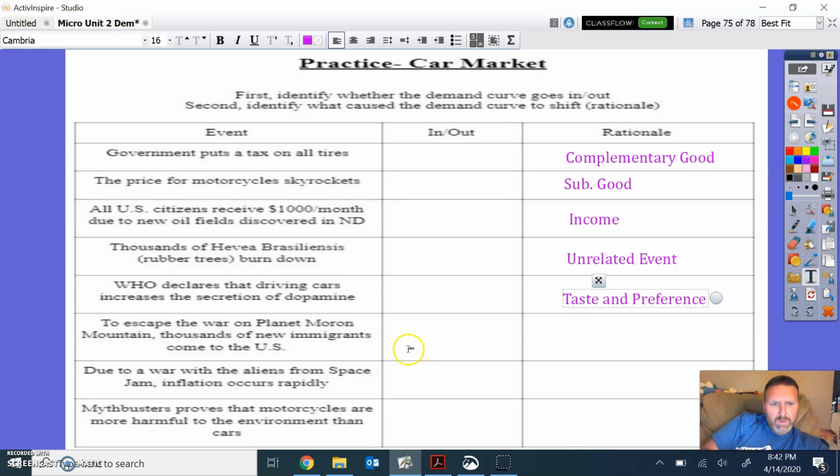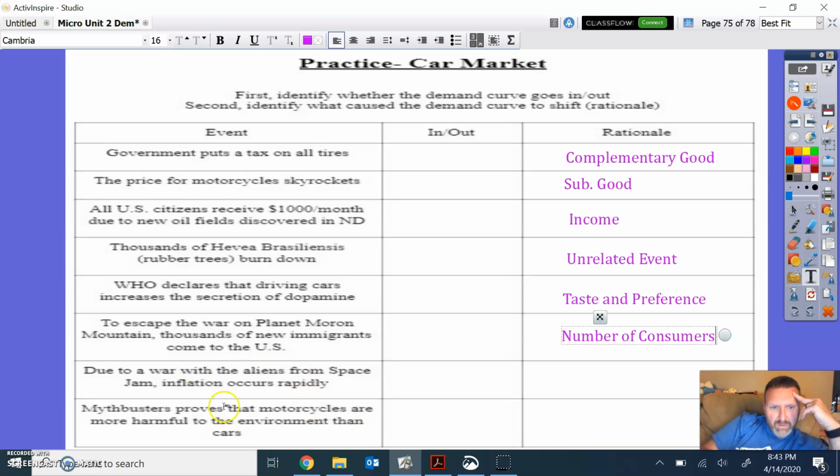To escape the war on planet Moron Mountain, thousands of new immigrants come to the United States. That's a change in number of consumers. Due to a war with the aliens from Space Jam, inflation occurs rapidly.